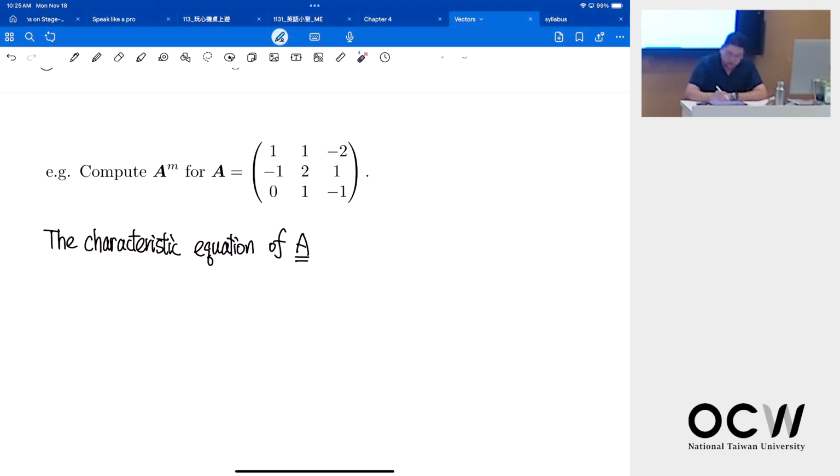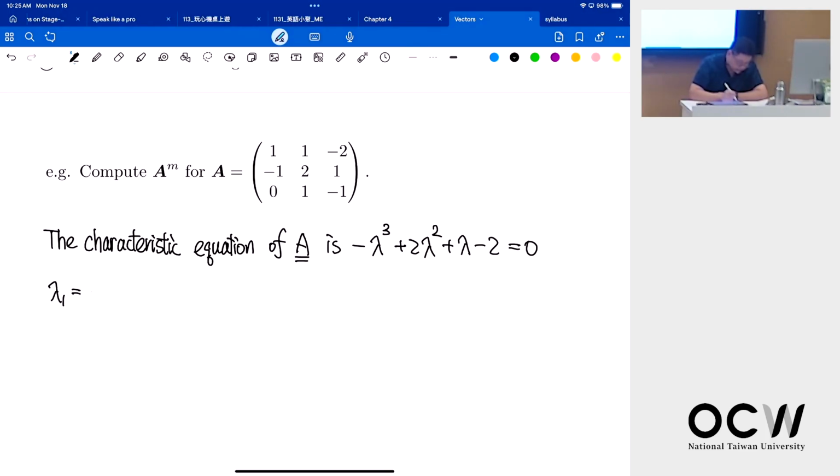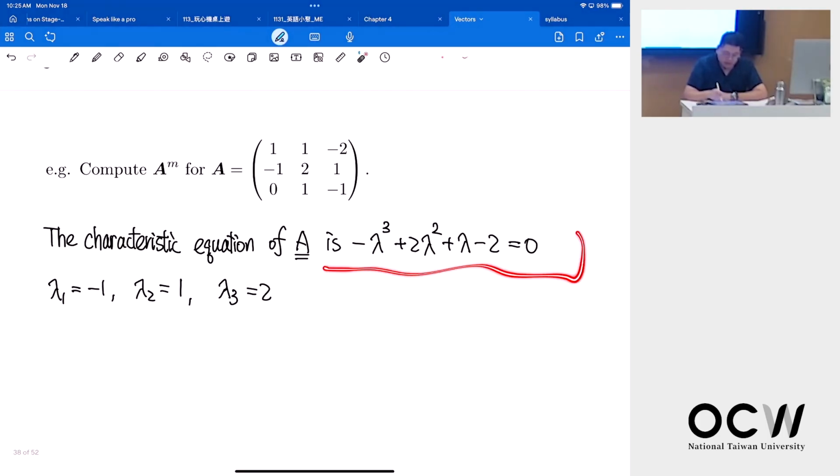You will get minus lambda cubed plus 2 lambda squared plus lambda minus 2 equals 0. Then you have 3 roots for lambda: lambda 1 is minus 1, lambda 2 is 1, and lambda 3 is 2. Make sure that you know how to find your characteristic equations, and of course how to find the roots.